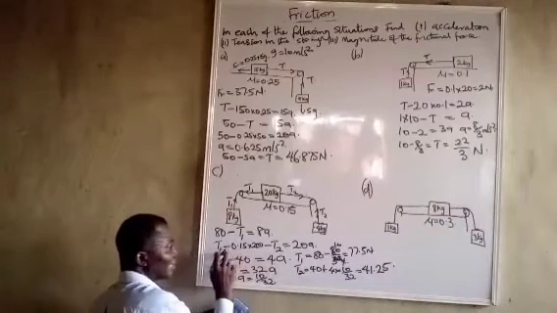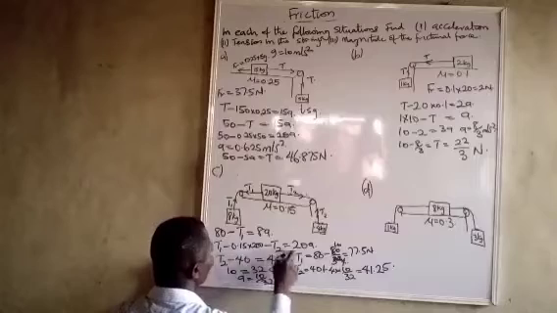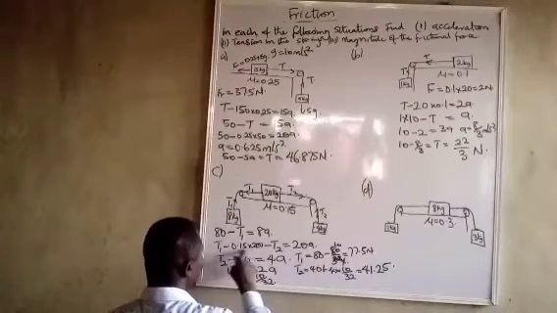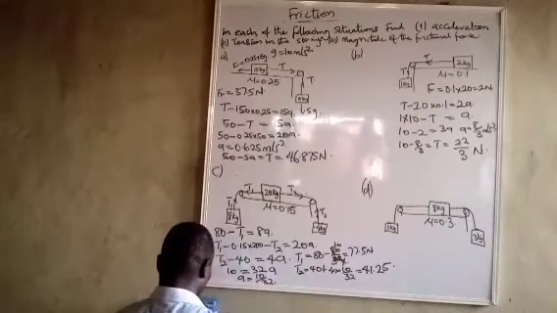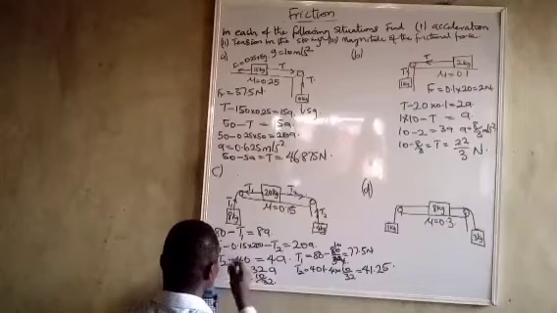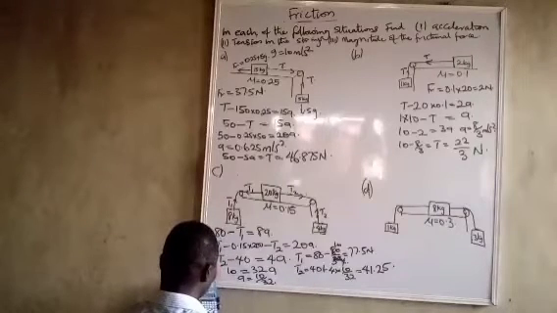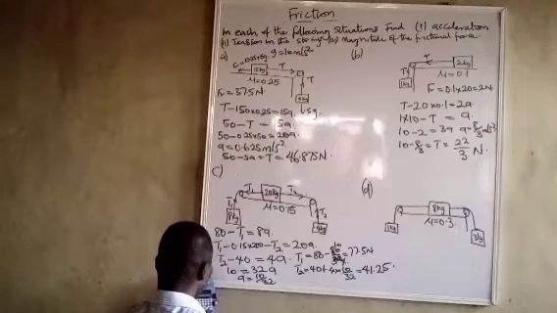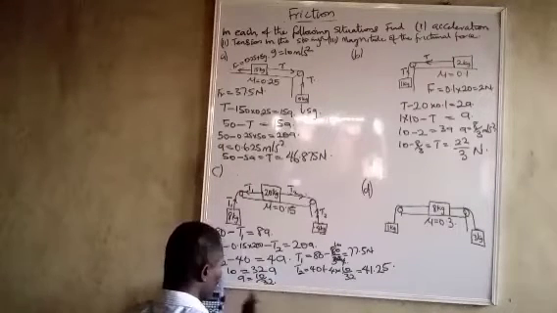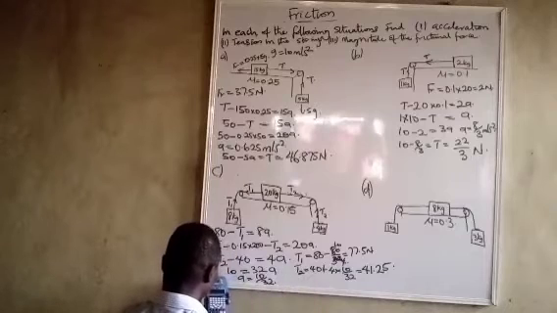Okay, let's now check this place. If this one occurs and we are able to get this one correct, it means our frictional force is this. So let's see. 77.5 minus 0.15 times 200 minus 41.25.